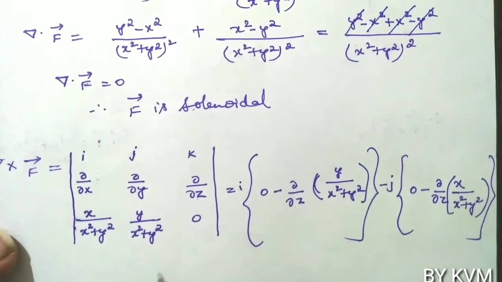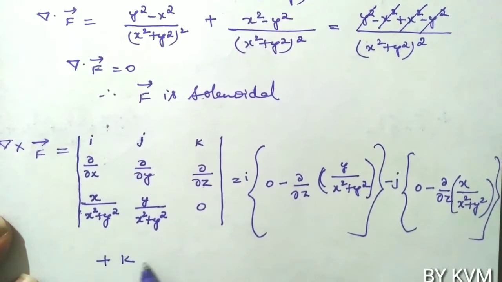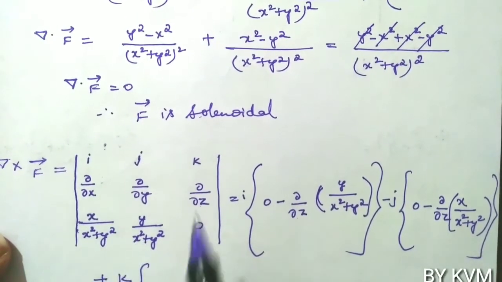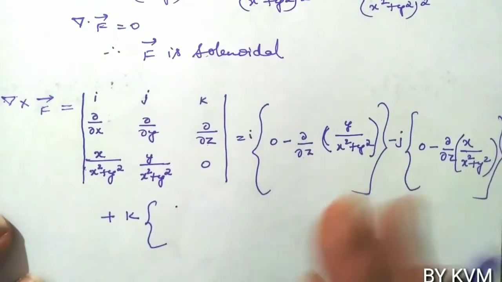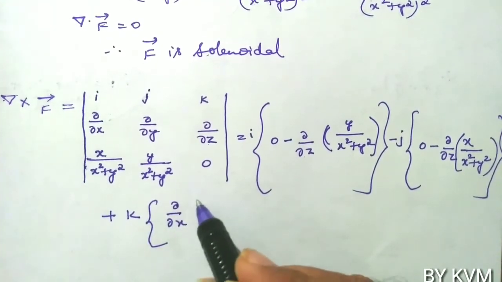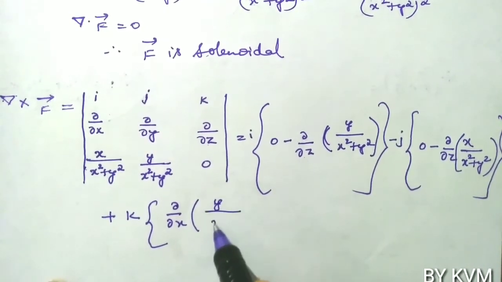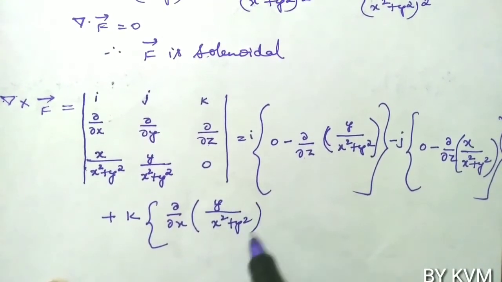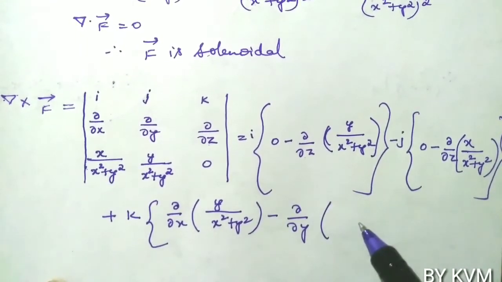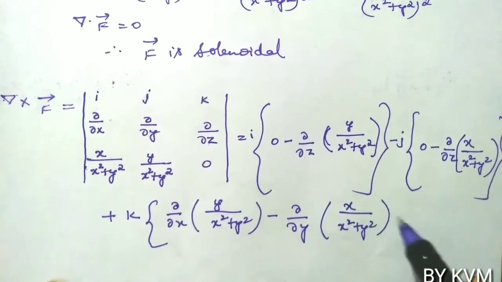Plus k into ∂/∂x of y by x² + y² minus ∂/∂y of x by x² + y².